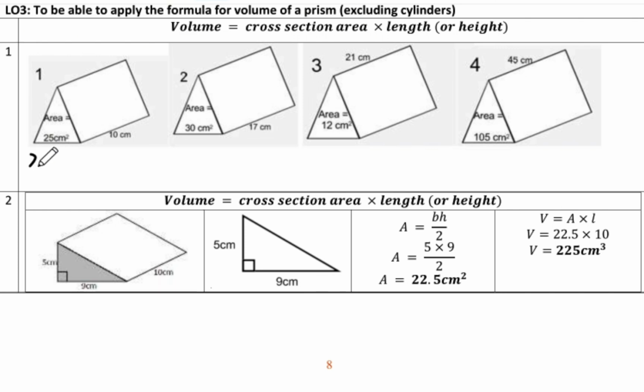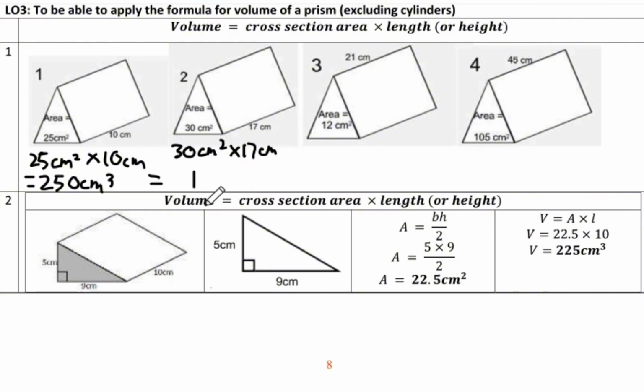So 25 cm squared multiplied with 10 cm equals to 250 cm cube. 30 cm squared multiplied with 17 cm equals to 510 cm cube.